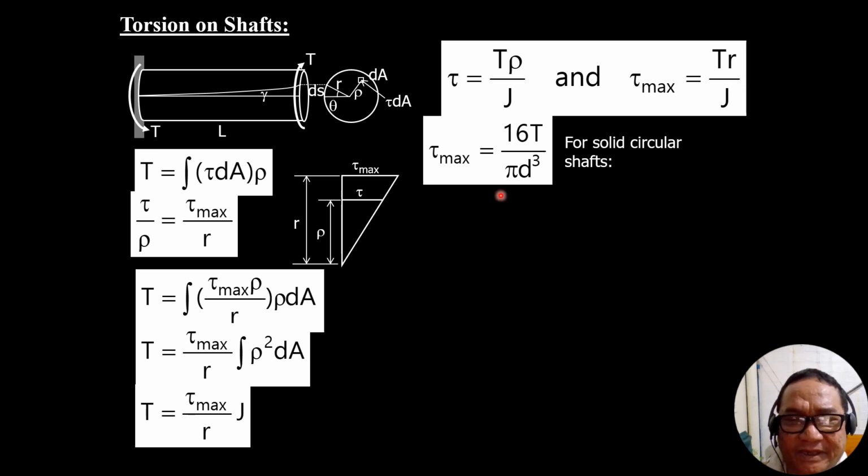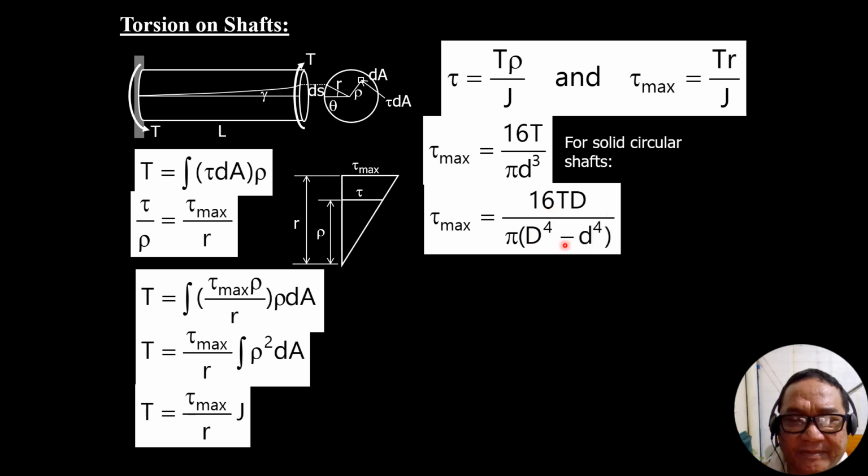So for hollow circular shafts, again, replace small r by big D, big diameter over 2. Then J here is pi over 32 times the quantity big diameter to the fourth minus small diameter to the fourth, and we arrive at tau max equals, for hollow circular shafts, 16 torque capital diameter over pi quantity big diameter to the fourth minus small diameter to the fourth.